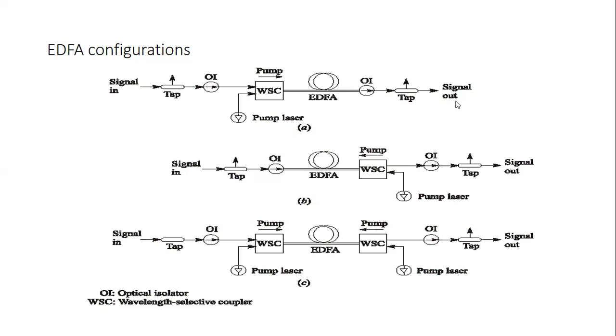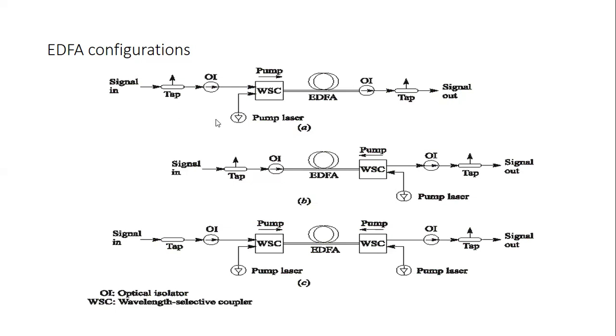Signal in and signal out, these two are the optical signal. This is the input signal, this is the amplified output signal. And there is a pump laser, there is an OI, which is an optical isolator. Then there are optical tap couplers.